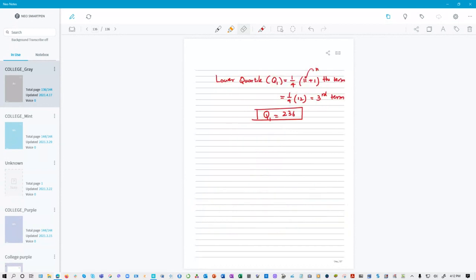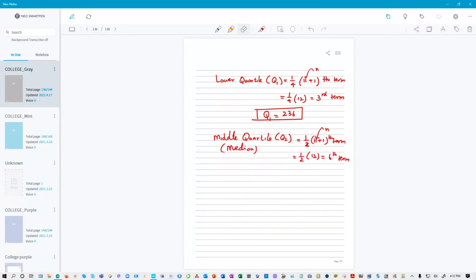Then you can get the middle quartile, which is called Q2. Sometimes we call this one the median. How do you get that one? You put 1/2 of (11 plus 1), where 11 is n. So that means the 1/2 of 12 term, which means the 6th term.